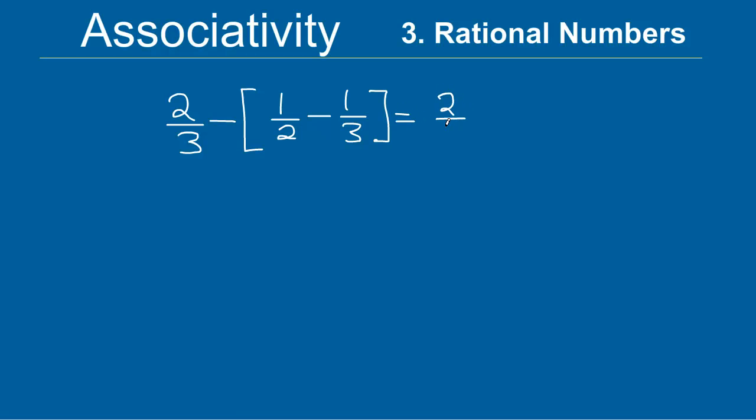So we write 2 by 3 like this, minus, this is the minus sign, and here we get 6 as LCM of these 2 and 3, and now we will have 2 by 3 minus, 3 minus 2 will be 1, so we'll get 1 over 6.